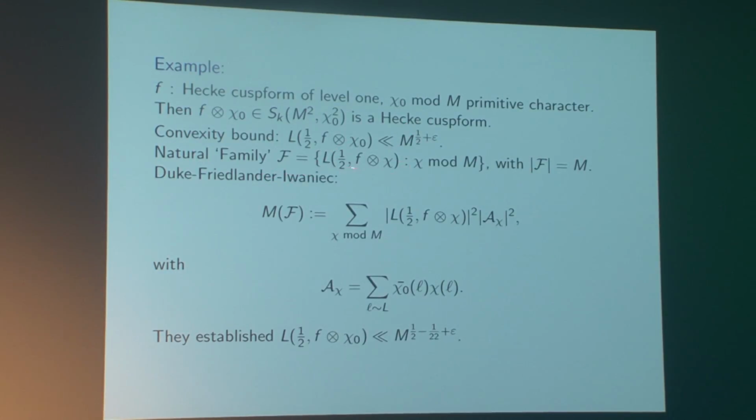The natural family to look at is the family of all twists, so you take all χ modulo m. Here, the number of points in the family is like m, which is the same as the square root of the size of the conductor, because the conductor is m². Here you look at the amplified moment, and you pick this special amplifier, and that gives you a subconvex bound. Okay, so this was done by Duke, Friedlander and Iwaniec.